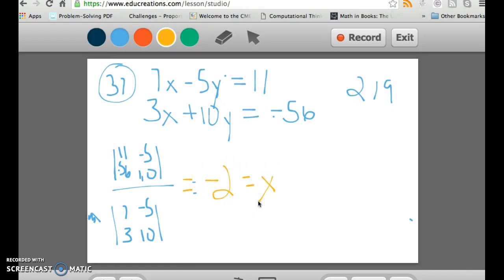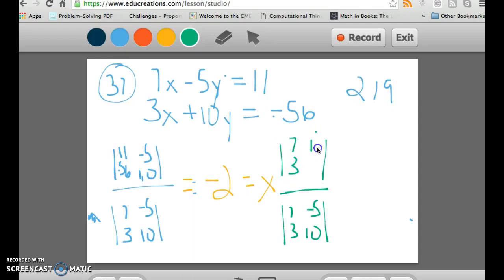And so then y will be the same thing. We'll have the same thing on the bottom, although now we know this is just 85, right? 70 minus -15. But then on the top, now we're going to keep the left side. We're going to replace the y values with 11 and -56.